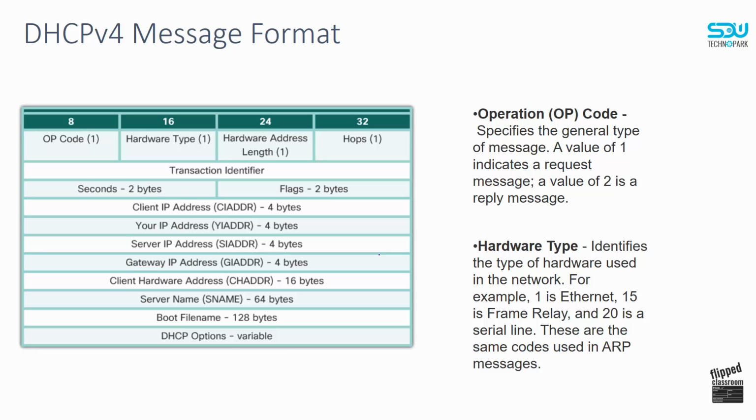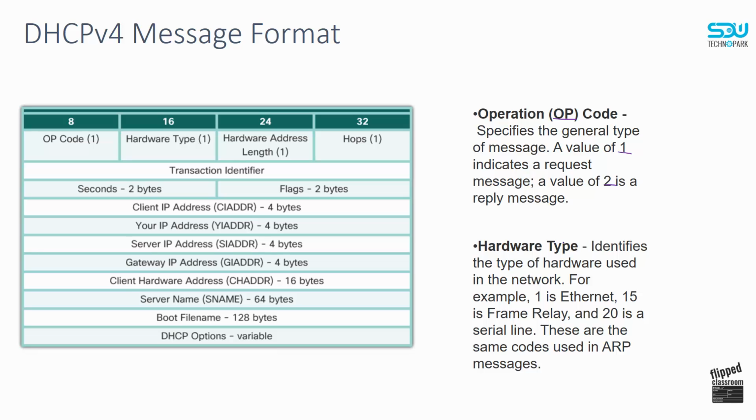DHCP message format. Well, we have the message format, which has some different fields, including a field called OP, which defines the operation code. OP specifies the general type of the message. For example, a value 1 indicates a request, and a value 2 indicates a reply.